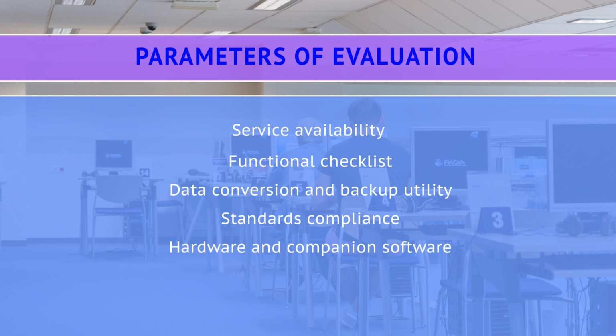So companion software means, suppose when you are selecting a particular library automation package or integrated library system, you need to know what are the backend software required to install and to run that particular software. For example, if you are selecting SOUL, you don't think that SOUL costs around rupees 50,000, but you do not make your budget by only 50,000. When you need to install SOUL, you need to have Windows NT or Windows Advanced Server as operating system. 5 license user costs around 1 lakh.